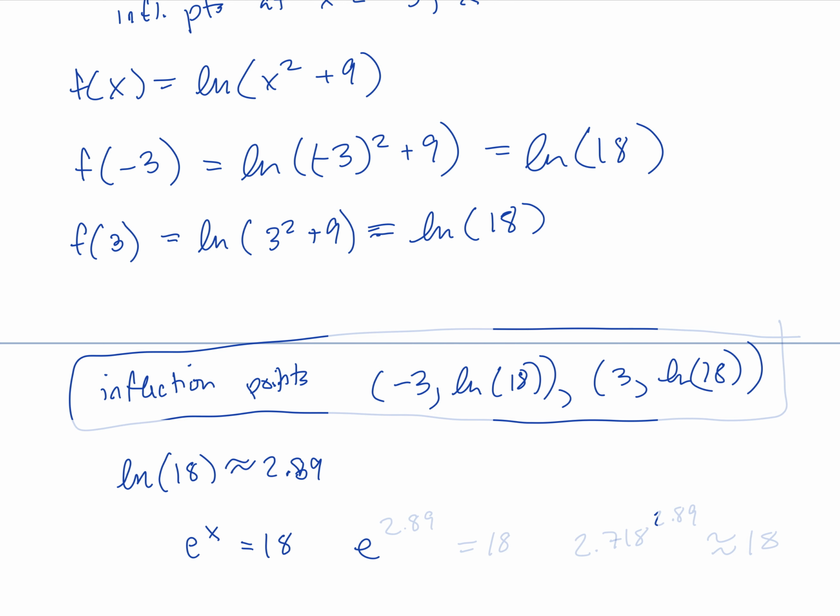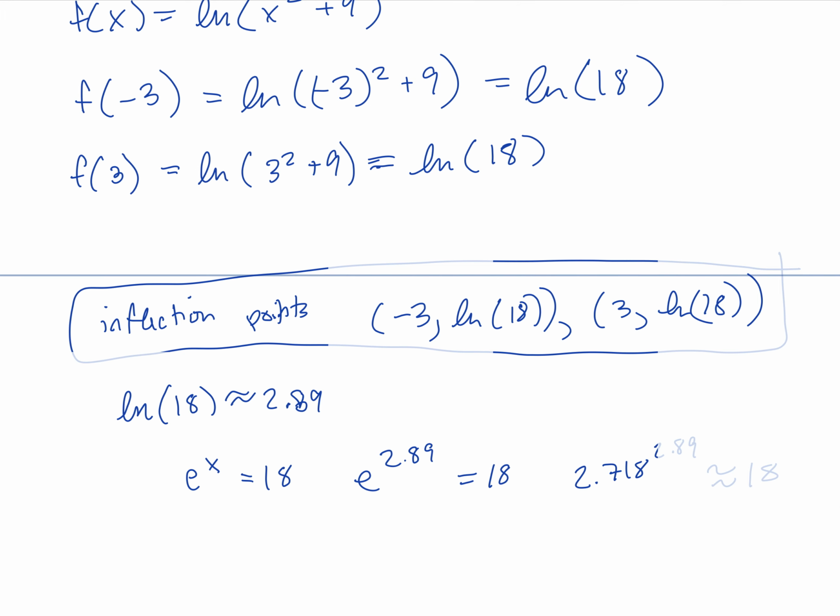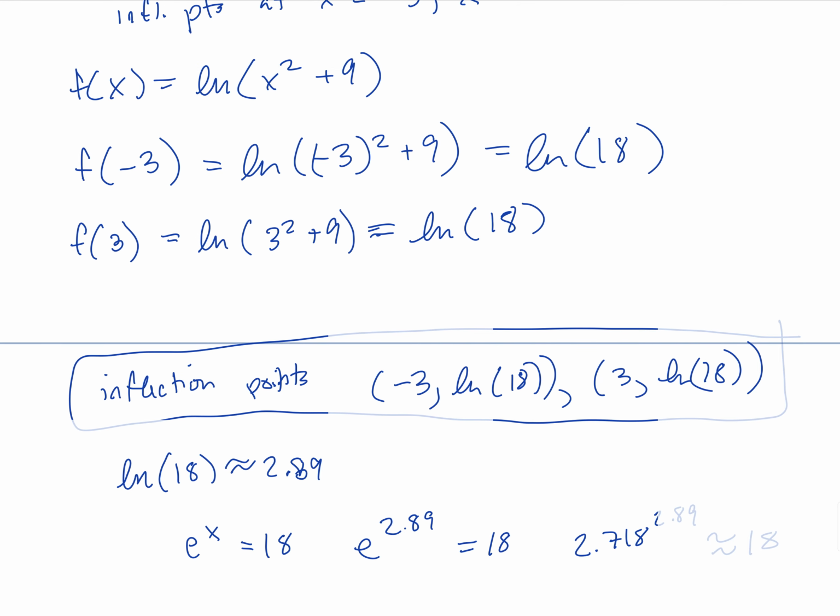This is saying that e raised to the 2.89 is 18, or e, which is approximately 2.718, again, an irrational number, to the 2.89 is approximately 18. So that's, again, what natural log means. But we can also just leave it as this if we want.